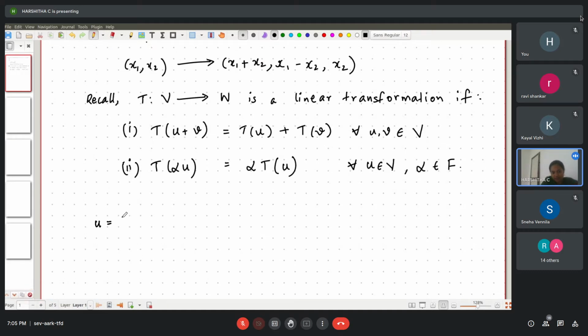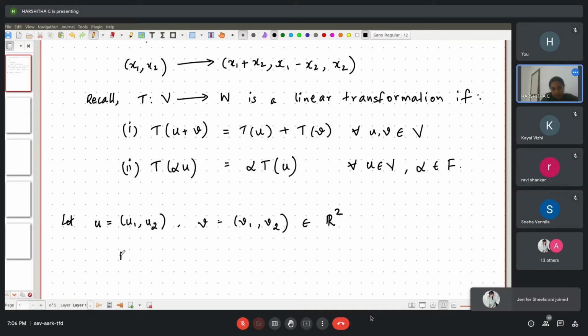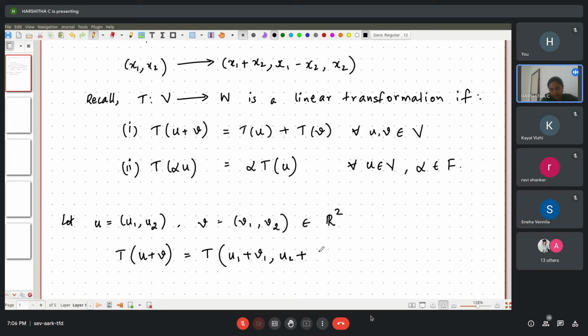Let's say u is u1, u2 and v is v1, v2 belongs to R2. We want to see if T of u plus v equals T of u plus T of v. So let us first compute T of u plus v, which is nothing but T of u1 plus v1 comma u2 plus v2.